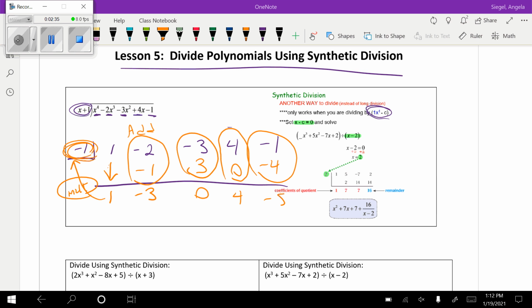So now I have this new set of numbers here, and it's going to help give me my answer. We are going to work backwards. We're going to start here. This last term is your remainder, and then this is your constant, and then you're going to start working up with your x's: x to the first power, x squared, x to the third power, and you're just going to keep going until you run out of numbers to combine with your x's.